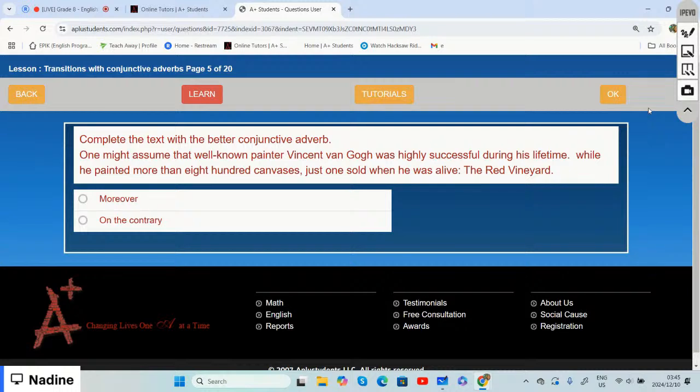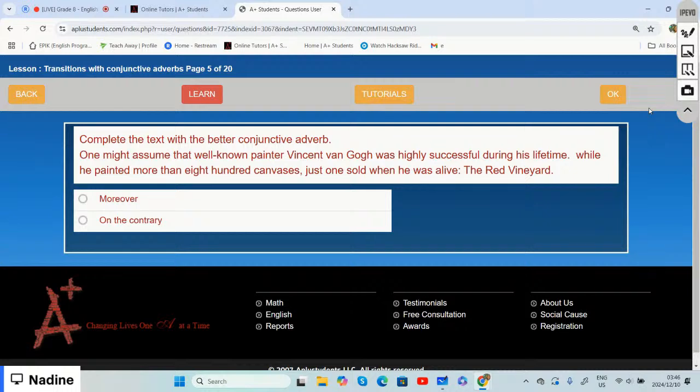All right. We can say one might assume that well known painter Vincent van Gogh was highly successful during his lifetime. Do we say moreover, while he painted, or do we say on the contrary, while he painted more than 800 canvases, just one sold when he was alive, which is the Red Vineyard? So do we now say moreover, or do we say on the contrary?